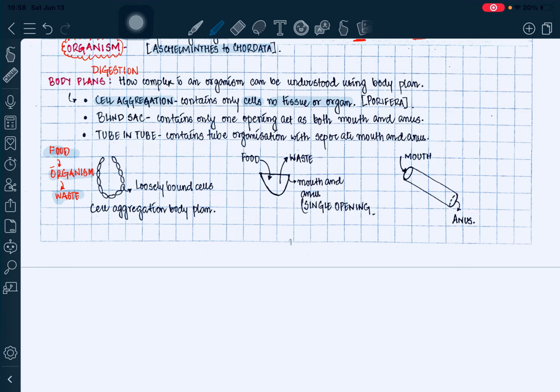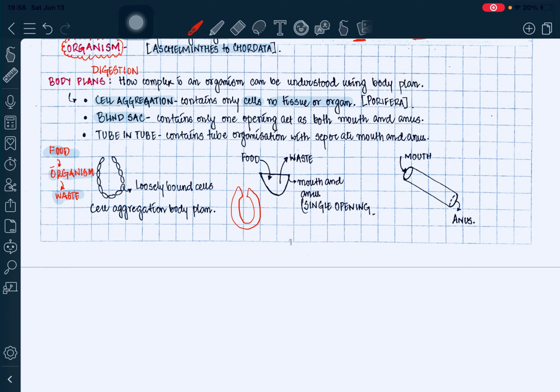Another category of body plan is having the blind sac. Sir, what is a blind sac? Blind sac means, see, if I draw a diagram here, like this, of a simplified organism, this is not a diagram of a complete organism.